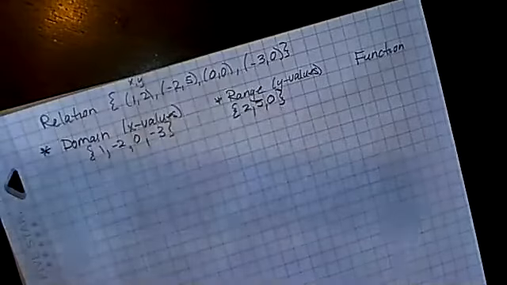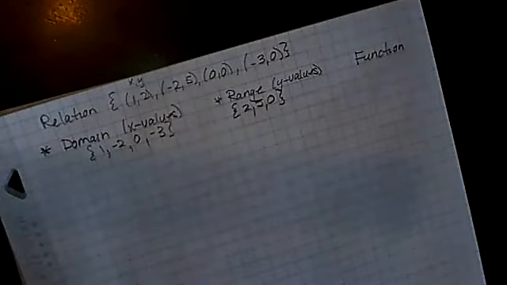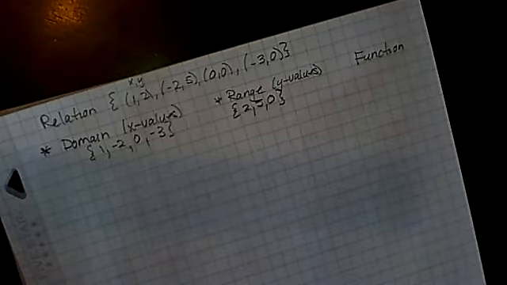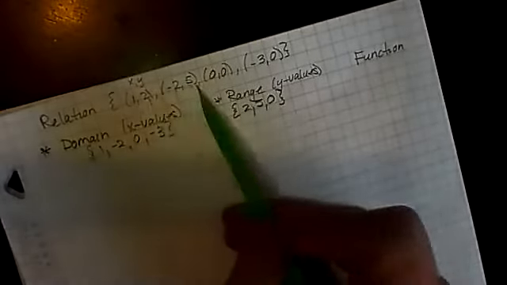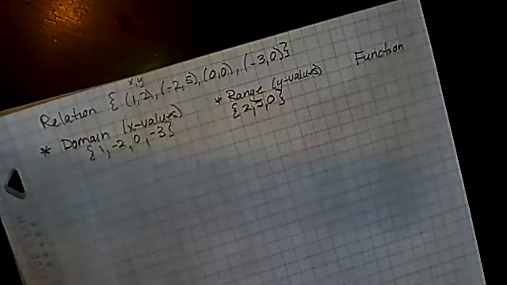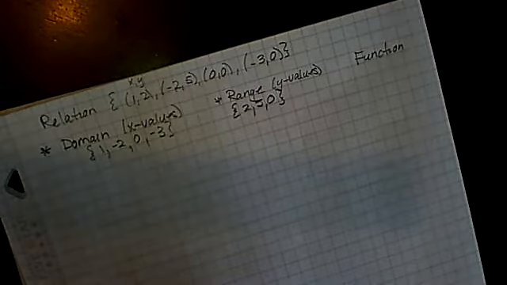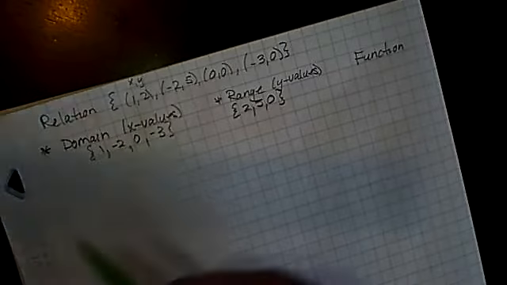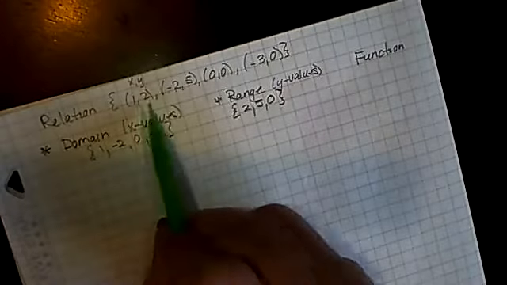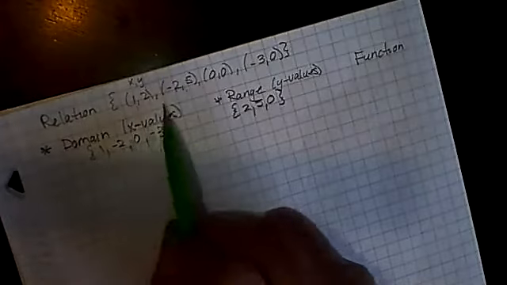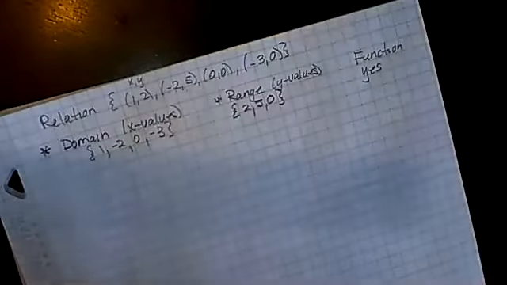That's all you have to know: are there any of the X value numbers the same? If they are, it's not a function. Now, that has nothing to do with the range. Later on, we'll be talking about inverses, and then we'll include the range. But right now, with just functions, if I look at my X values, they're all different, right? I can even look at my domain, but look here, they're all different. So yes, this would be a function.